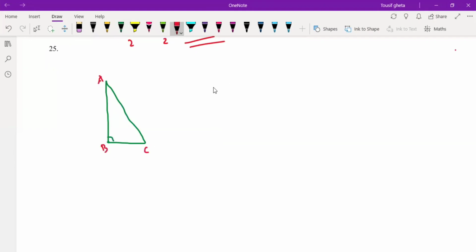The data given in the question is angle B is equal to 90, and they mention that angle A is equal to angle C, and BC is equal to 10 centimeter. So they're asking us to find the value of tan.